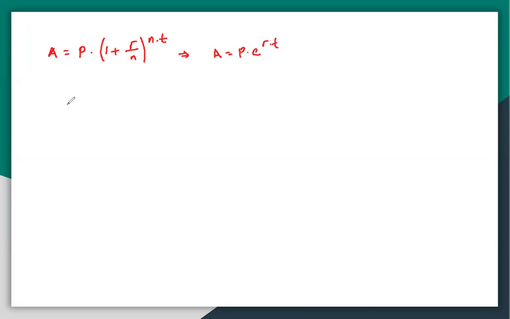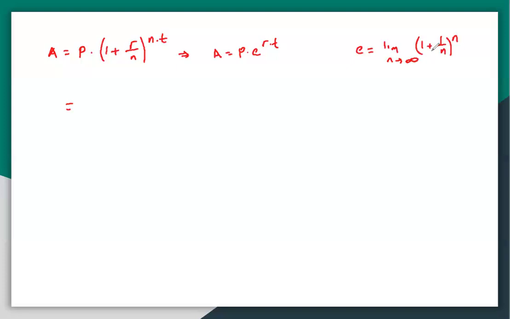I'm going to start with the definition of E. So let's remember that as well. E is the number we got, Euler's number. If you take the limit as N goes to infinity, which means you choose N as larger and larger numbers, the expression 1 plus 1 over N to the Nth power is equal to our Euler's number.